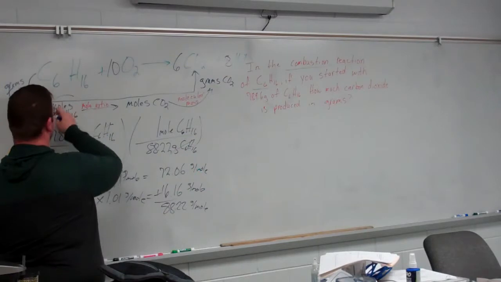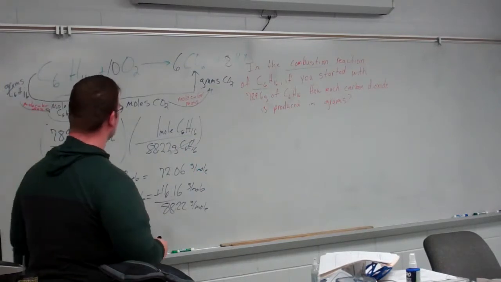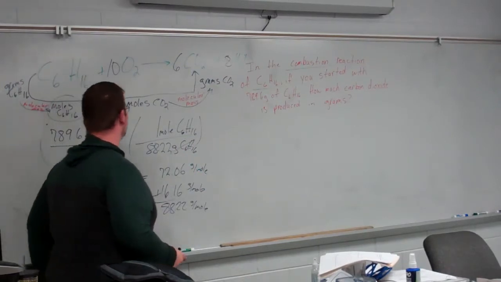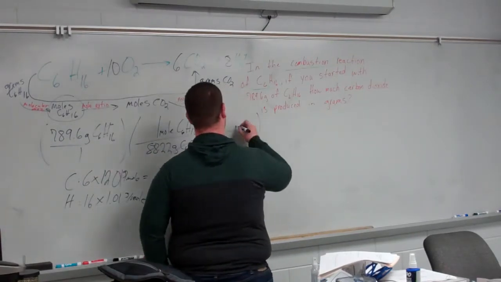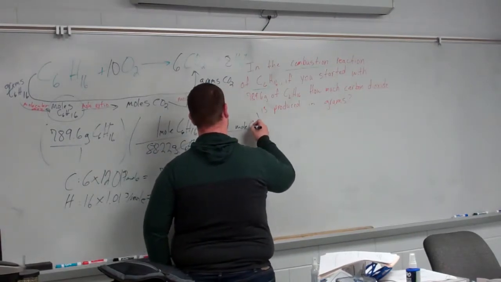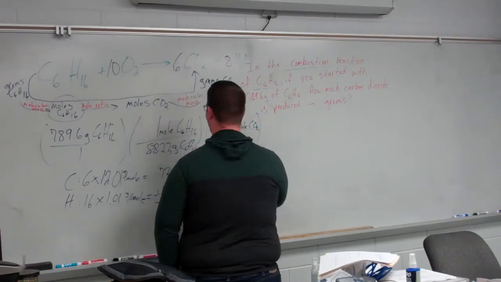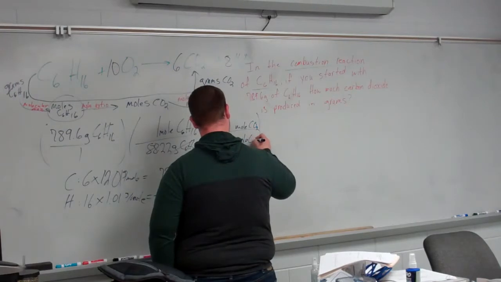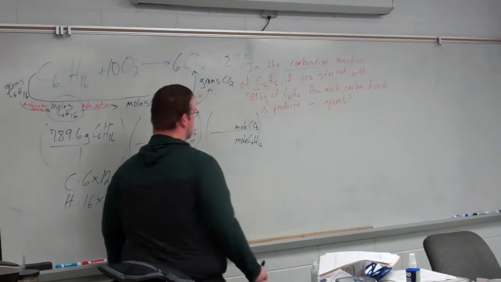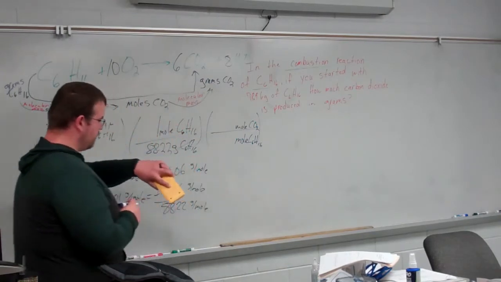We've made it to this point. We're in the moles of C6H16, so let's keep moving on. I want to get to moles of carbon dioxide. So it means moles of carbon dioxide is on the top. I need moles of C6H16 to cancel. Alright, what number goes up here up top?